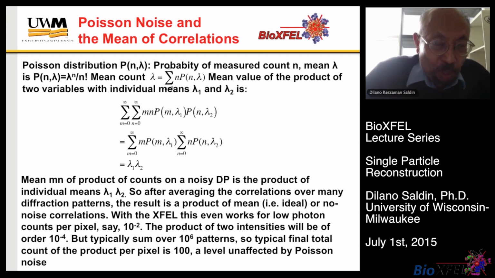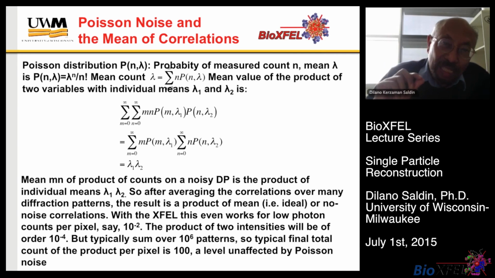Now on this point, I want to get a little bit immediately into the idea of Poisson noise and the mean of the correlations. As I said, in any particular diffraction pattern, you will see m counts or n counts on any particular pixel. Now the average value of the count is the sum of the n's with the probabilities of all the n's, and this mean count is equal to the quantity lambda.